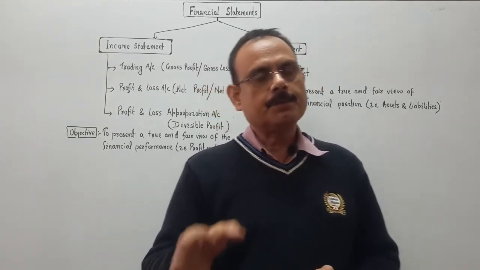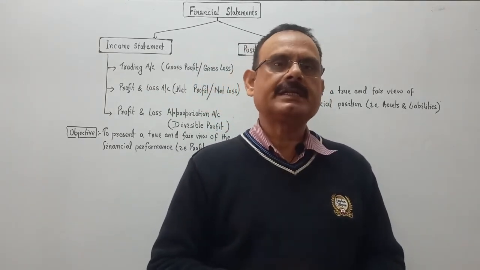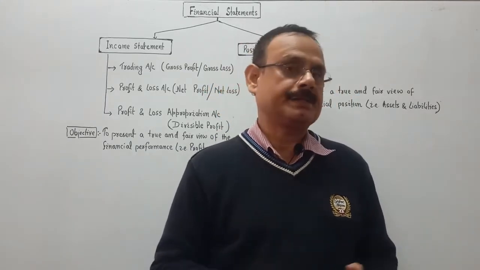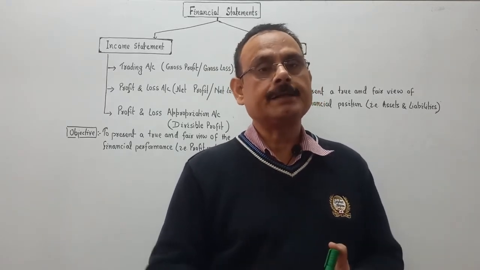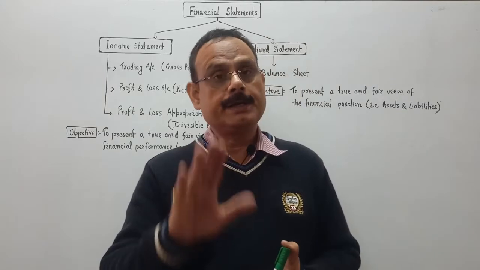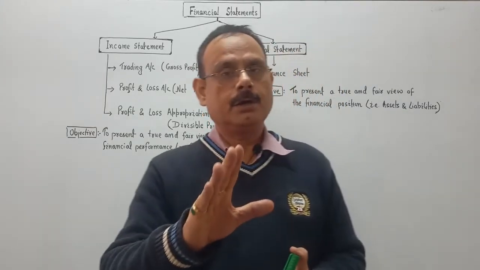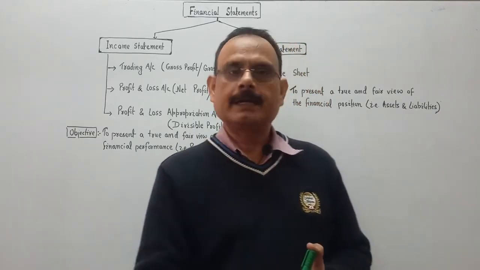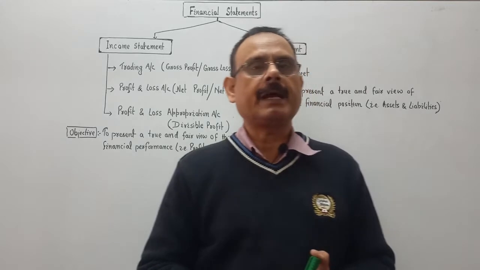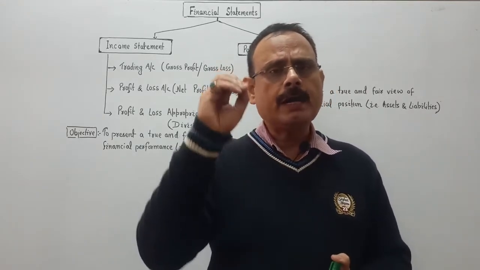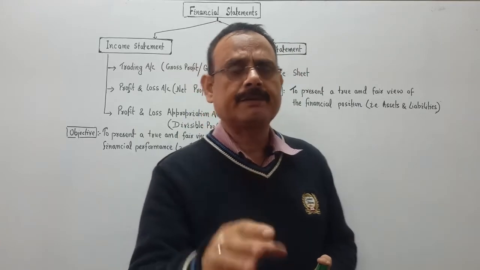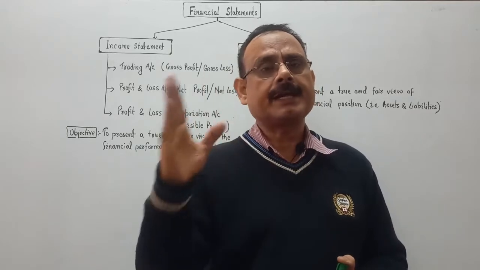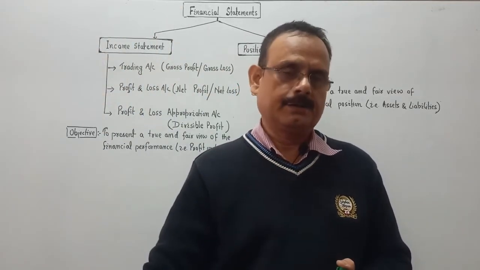Okay. Now coming to the positional statement. In the positional statement we prepare the balance sheet. In the balance sheet, on the left side we write the liabilities. Liabilities may be the owner's liability or they may be borrowed. So it may be a long-term liability, it may be a current liability. So all liabilities we write on the left hand side of the balance sheet, and all assets, whether fixed assets, tangible assets, intangible assets or current assets, we write on the right hand side of the balance sheet.